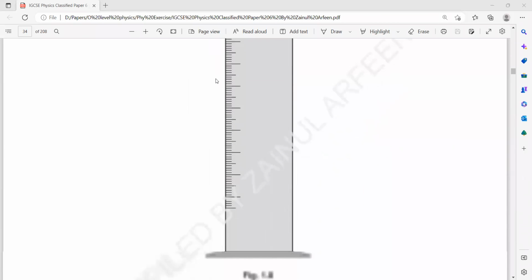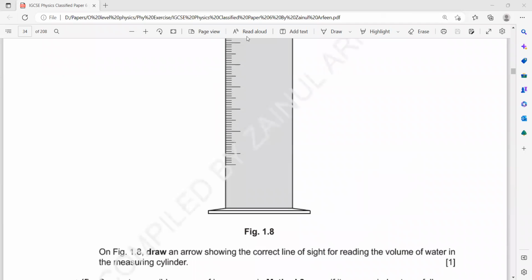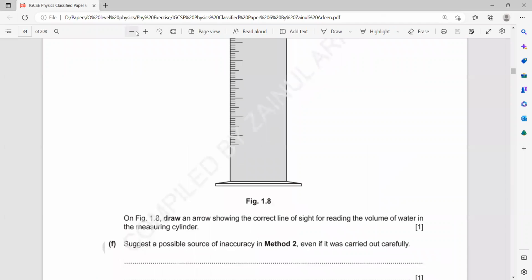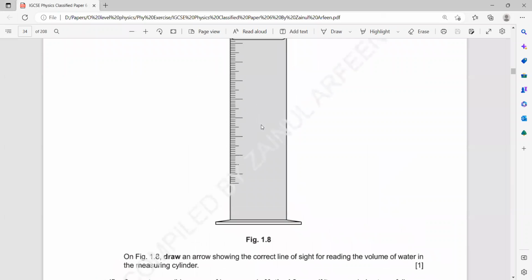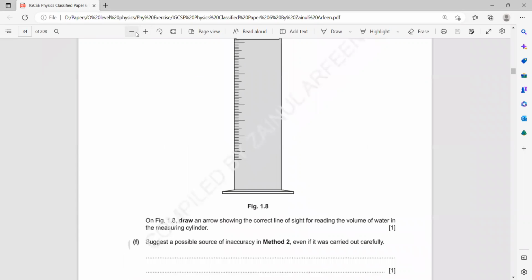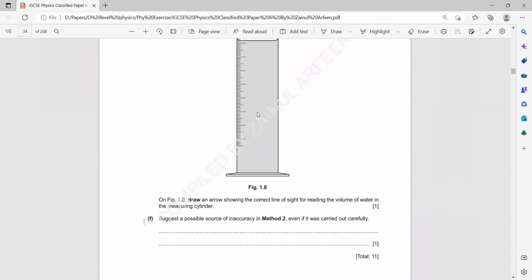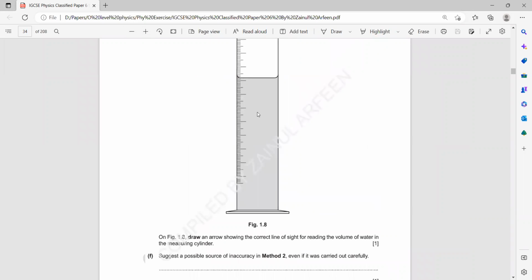Then in part E, on the figure, draw an arrow to indicate the correct line of sight for reading the water level. You can use a screen annotation to annotate this on the screen. So we should look perpendicular. You will draw an eye. The eye level should be at the bottom of the meniscus.